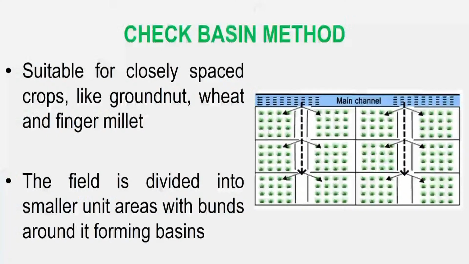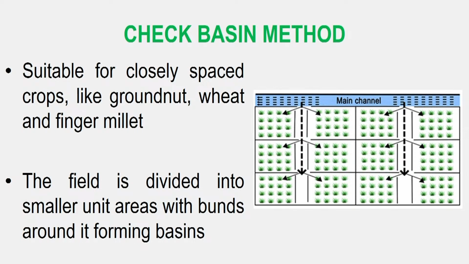Now next comes the check basin method of irrigation. This check basin method is most suitable for closely spaced crops like groundnut, wheat, as well as finger millet. Here the field is divided into small subunits with bunds in between them, and as a result a basin is formed in these small unit areas.